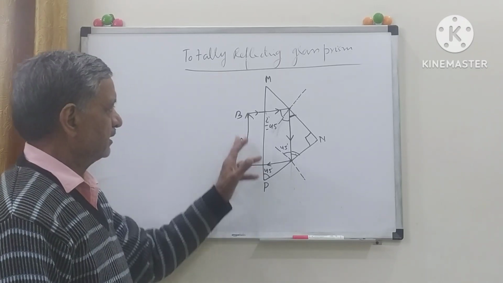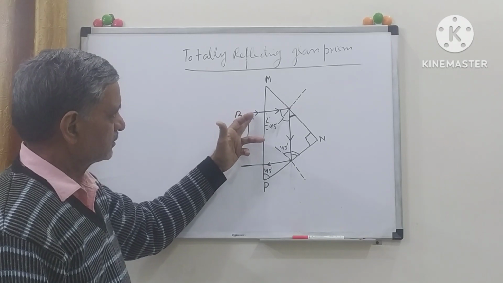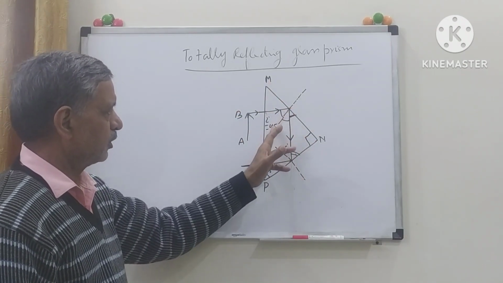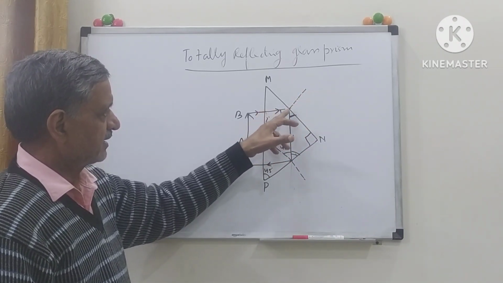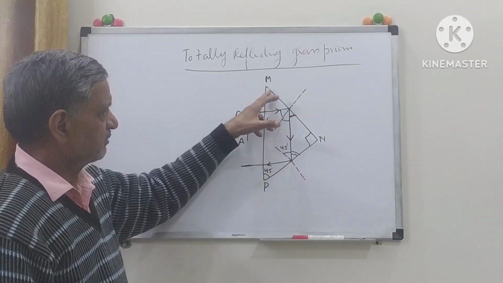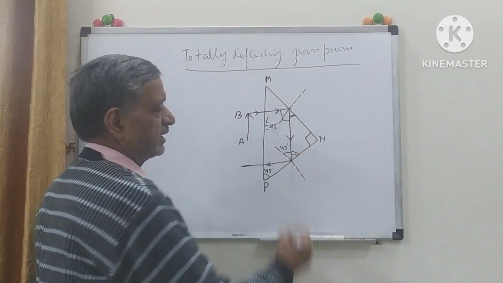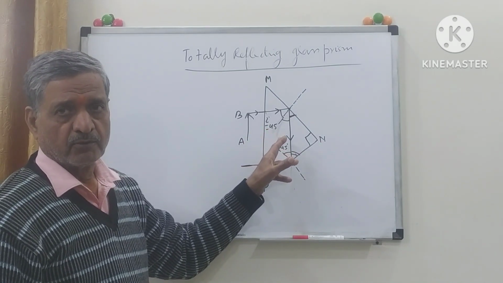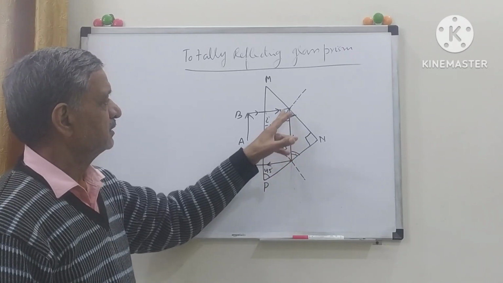Clear? The ray that starts from point B is normal at face MP, so it will go straight. At face MN, it is not normal, so normal is drawn here. यहाँ पर normal draw करेंगे. Then the incident ray and normal make the angle of incidence. This is 45, it means this is 45, so I will be 45 degrees, which is greater than IC, because IC for glass is around 42.